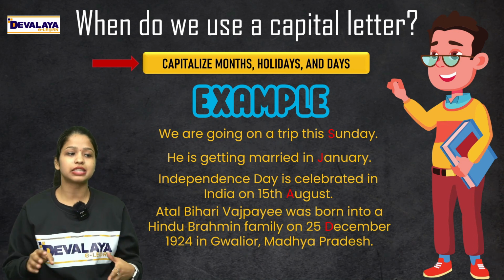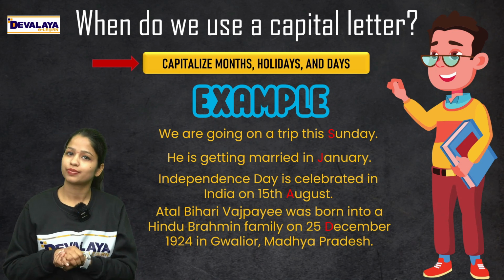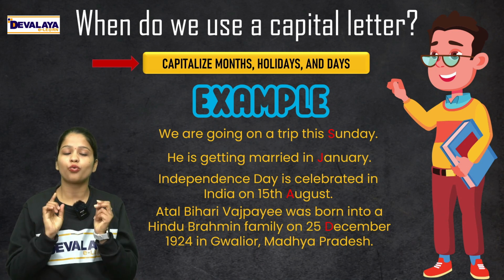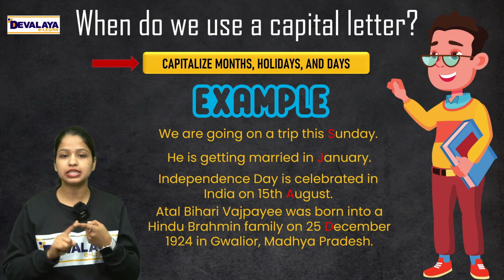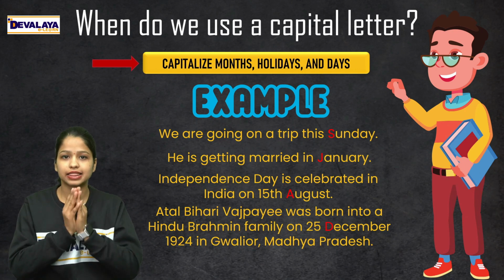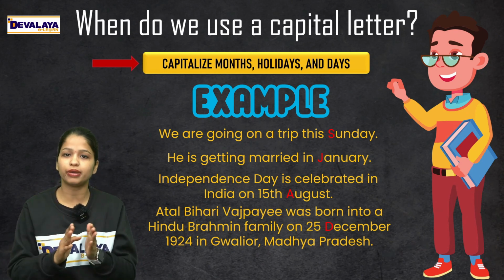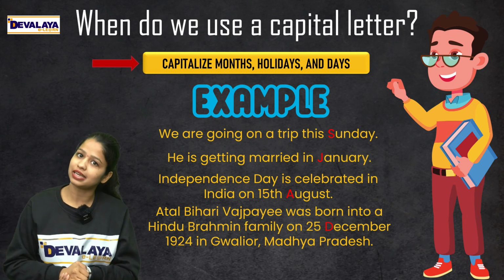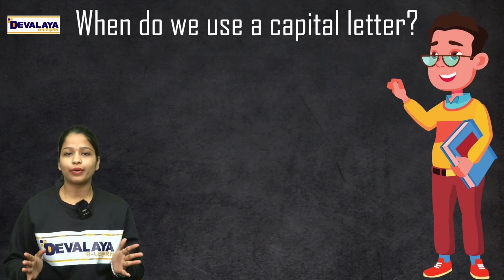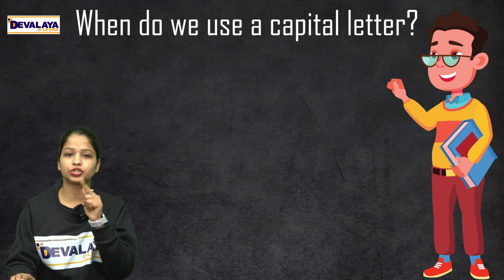Is it clear this much? So whenever we are using any days, months, holidays in a sentence, at that time that particular word's first letter should be capitalized. Clear? Let's move ahead.